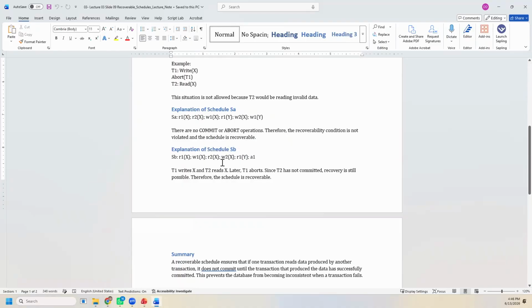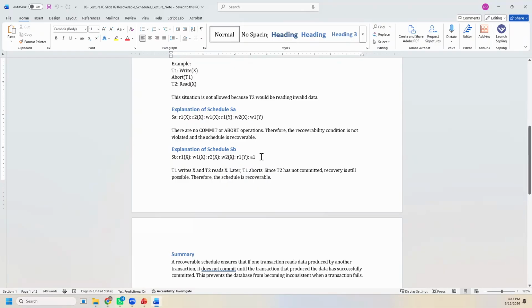I think you can understand. After aborting A1, everything will be deleted. Still, T2 is using this modified data, but it is not harmful to the database because T2 is not permanently saving those things to the database.